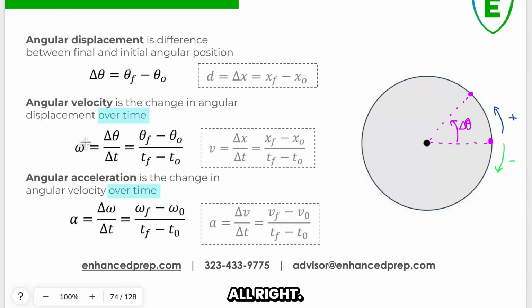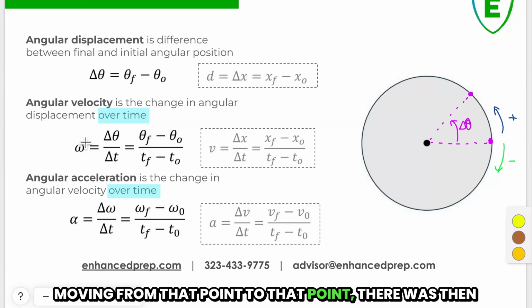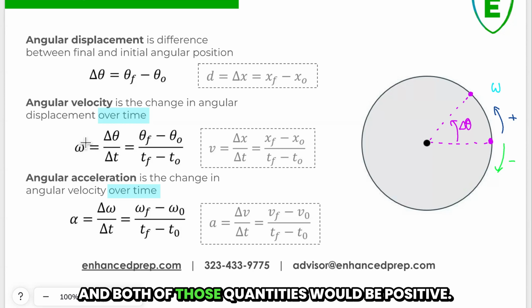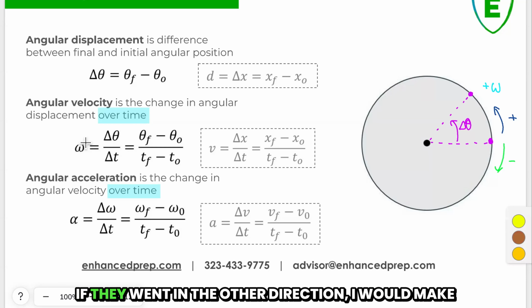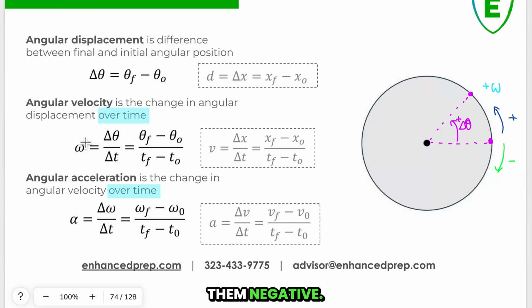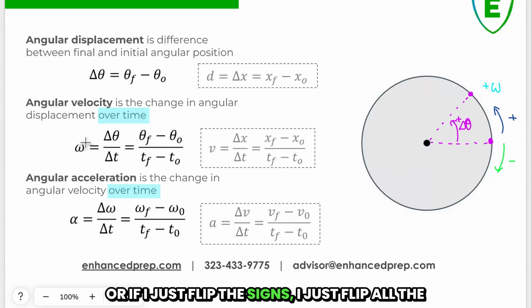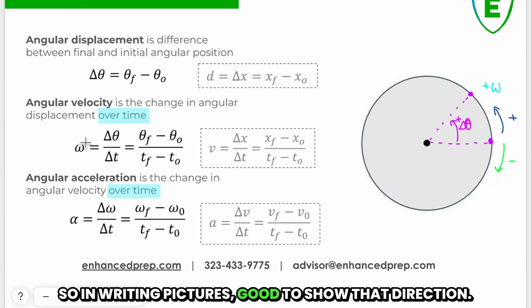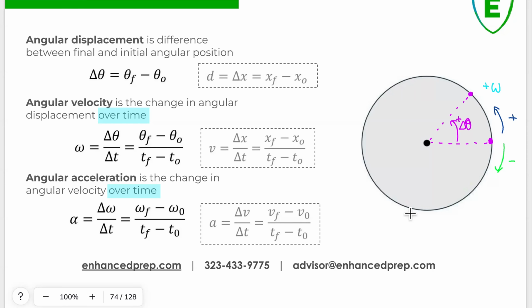Moving from that point to that point, there was then some angular velocity, and both of those quantities would be positive. If they went in the other direction, I would make them negative, or if I just flip the signs, I flip all the signs for them. The key thing here is direction. So in drawing pictures, it's good to show that direction.